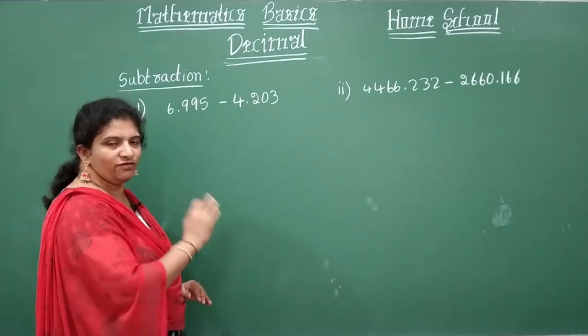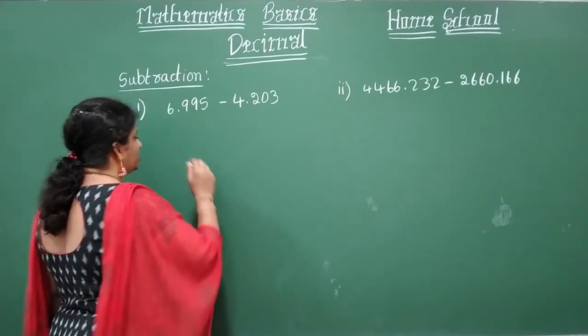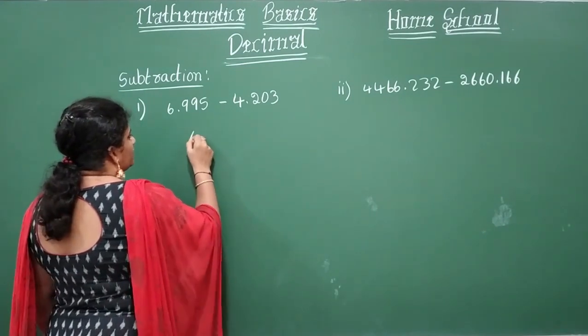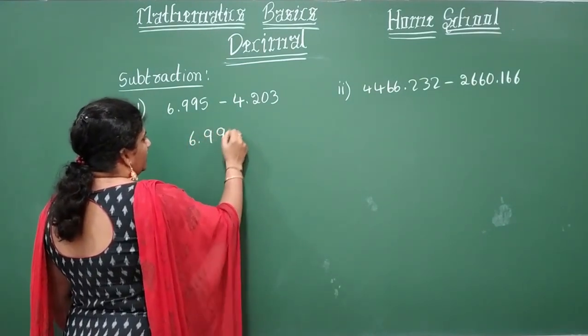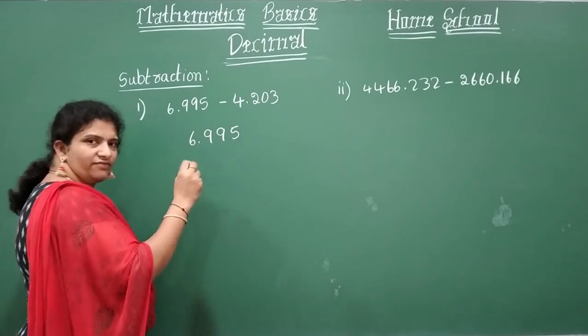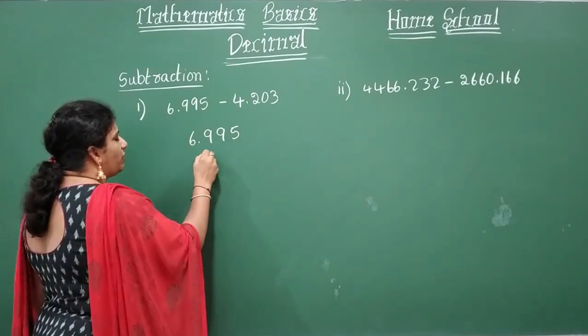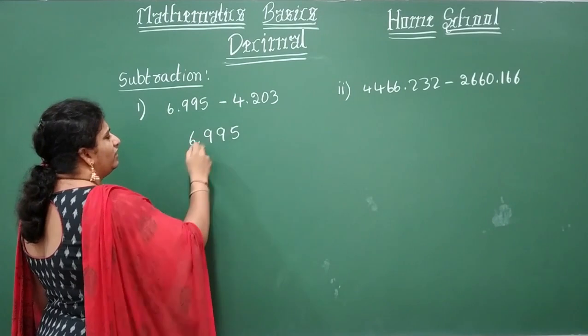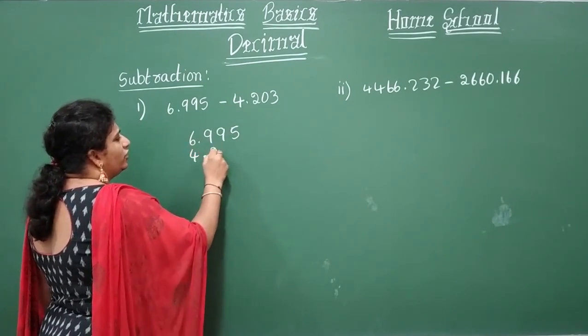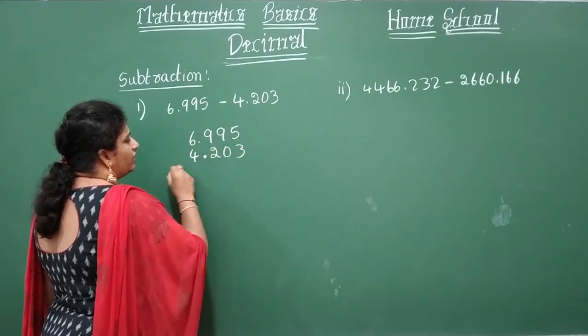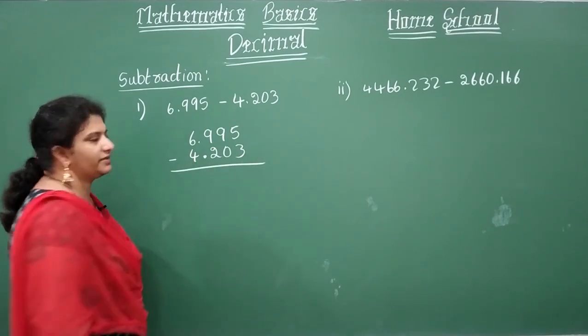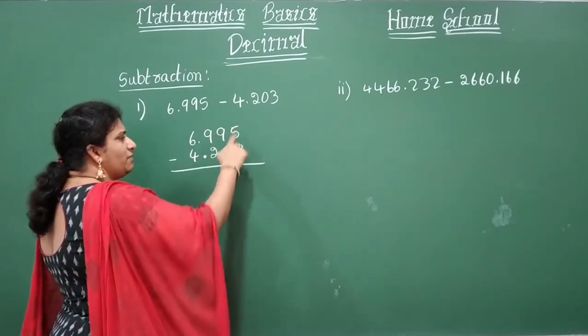Okay, let's start with your first problem in subtraction. That is 6.995. Observe here, children, where am I keeping the decimal point? Here, exactly here. 4.203, right? Subtract, minus. So 5 minus 3.